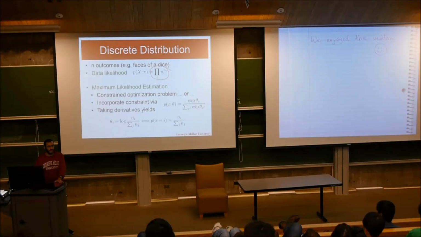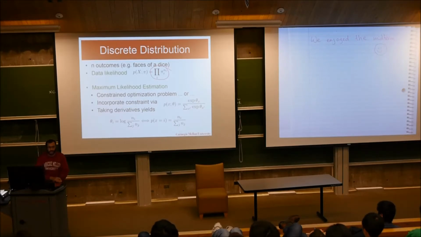So that will require each pi_i to be greater than 0 because it's an exponential of something divided by a positive quantity. And it will force them to sum to 1 because you are dividing by the sum of the exponentials. Okay? So this is a nice trick to convert these types of constraints to an unconstrained problem.